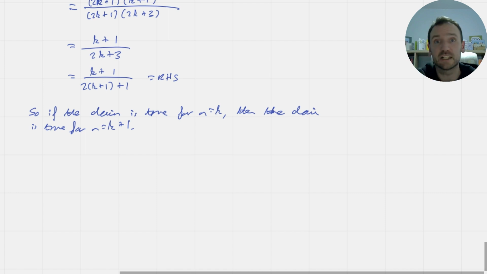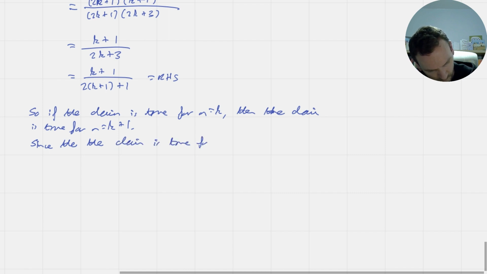Note, we're not saying the claim is true for n equals k and n equals k plus 1. We're saying if it's true for n equals k, then it's true for n equals k plus 1. That if-then structure is vital. And then the second thing we want to say is, since the claim is true for n equals 1, the claim is true for all positive integers then.